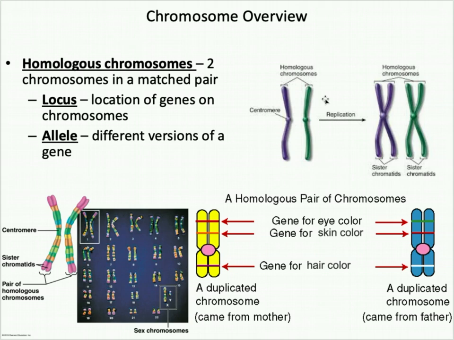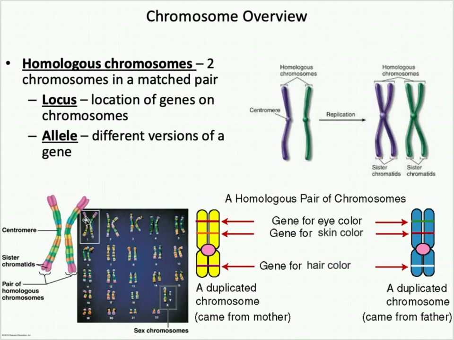Okay, so now let's talk about some new terminology words that you will need to know for meiosis. We have what's called homologous chromosomes. Homo means the same, okay? It's just a pair of chromosomes that are very similar. They can be similar in length. So here's a pair of homologous chromosomes at chromosome 1.